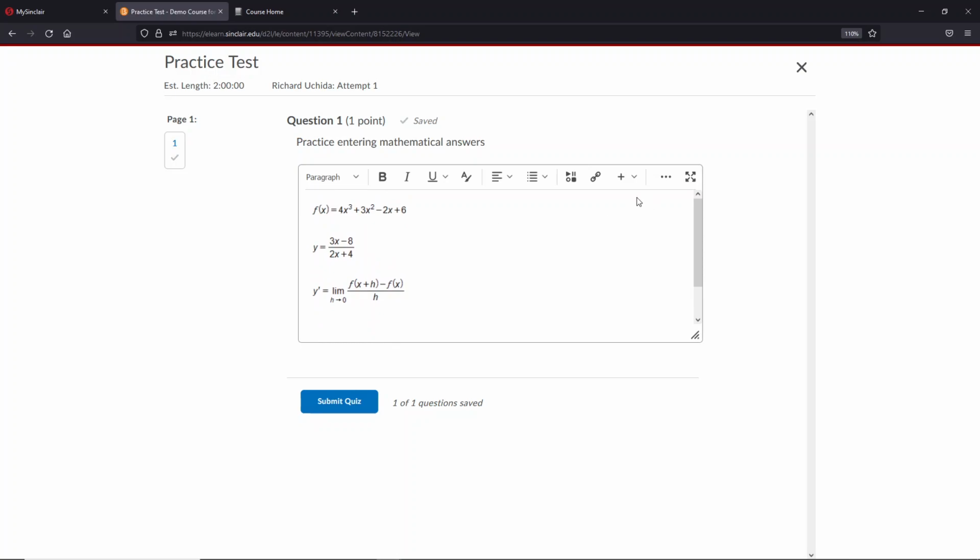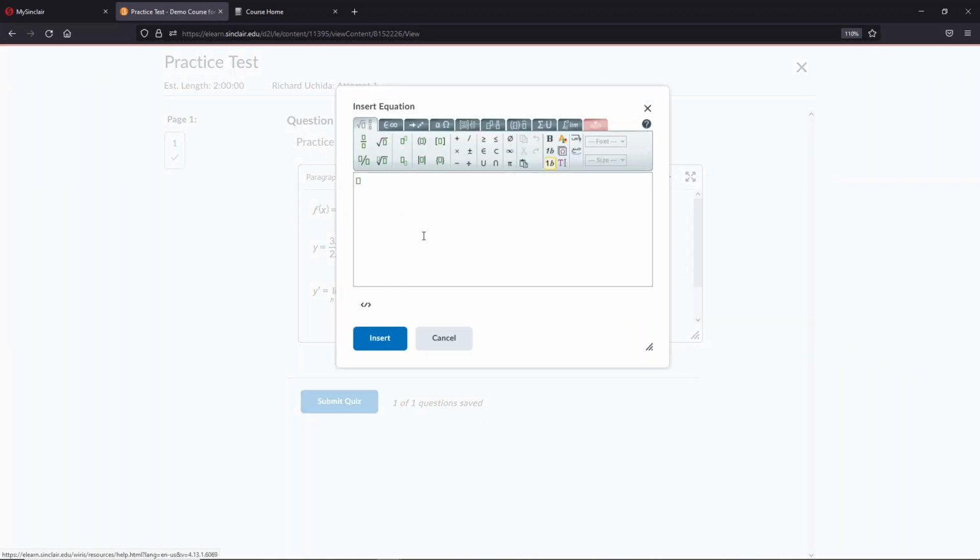So those are just some of the examples you could have inserting mathematical equations using the equation editor, which again, when you're taking the exam, is located here with this plus symbol. And again, you could choose the graphical equation, that would be the easiest way. And then just use this equation editor palette to enter your answers.